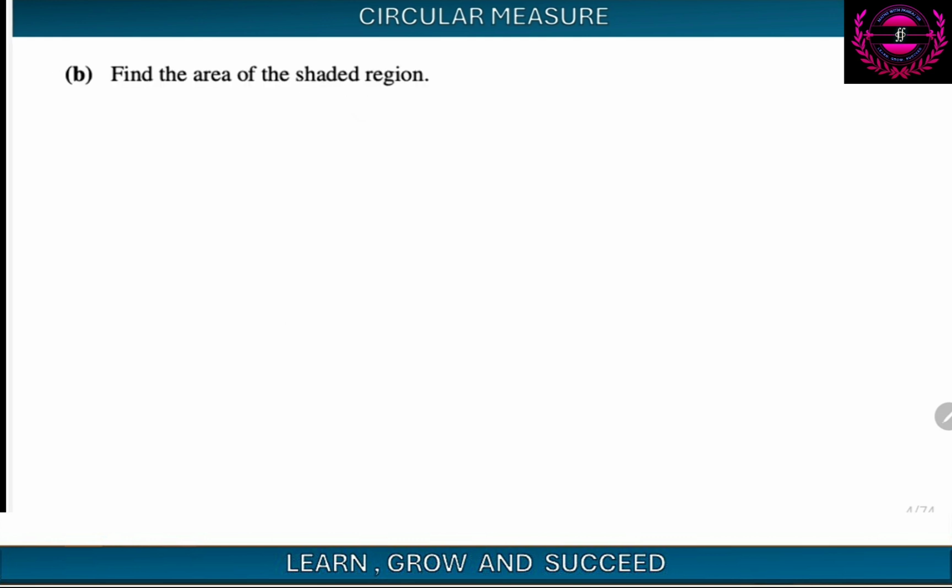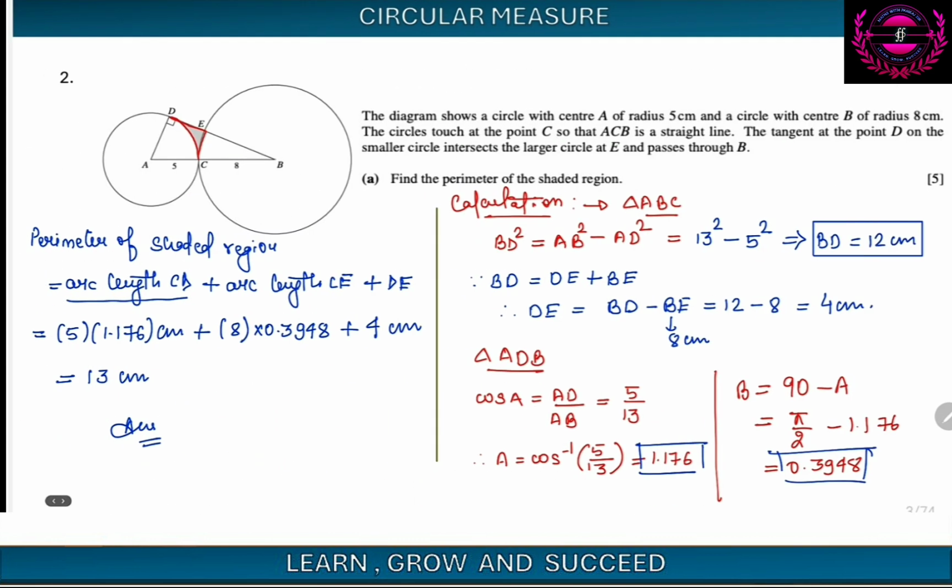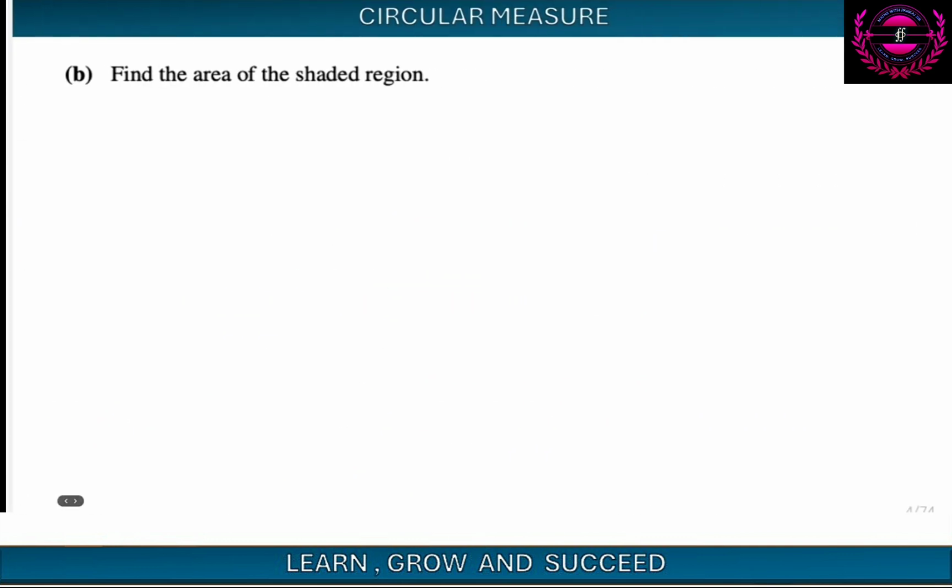Find the area of the shaded region. So to find the area of the shaded region, I can directly subtract the area of sectors ACD and BCE from the area of triangle ABD.